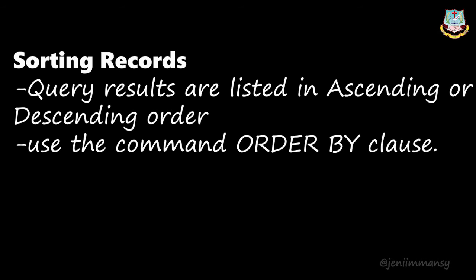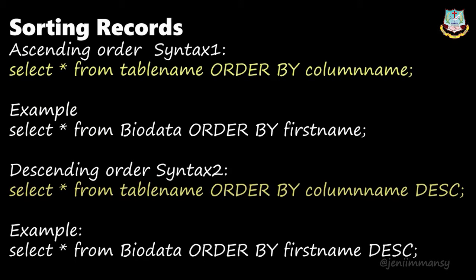Okay, here if you see, select star from the table name order by column name. That means we'll get the output in ascending order of the column name. The column name will be sorted in ascending order format.